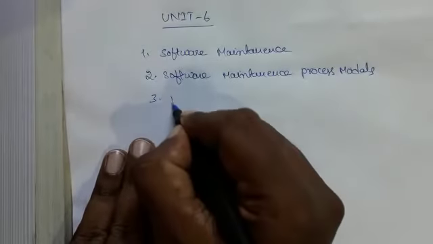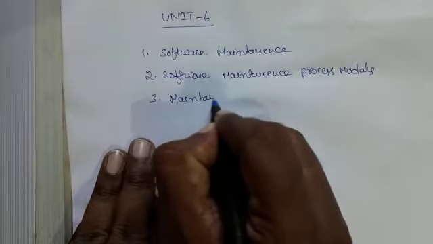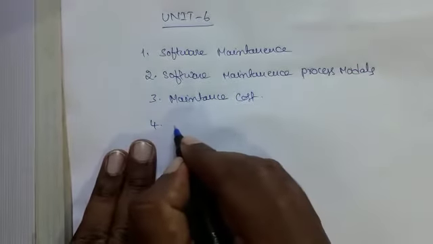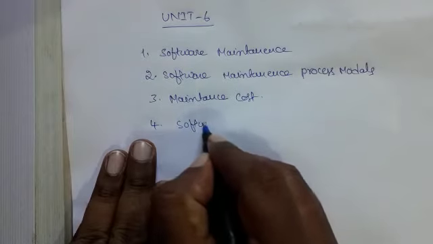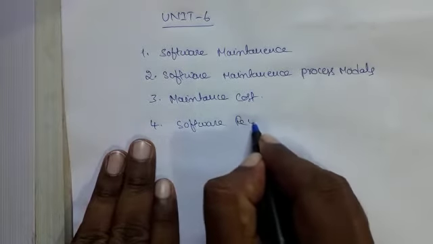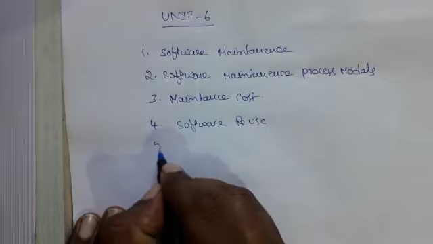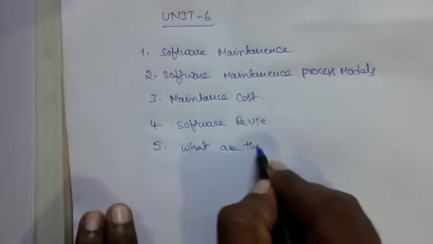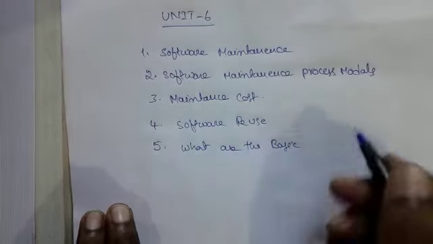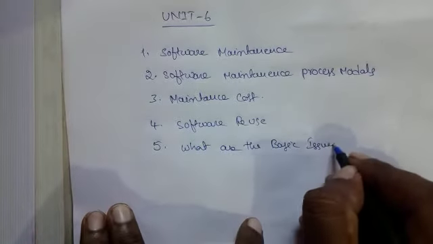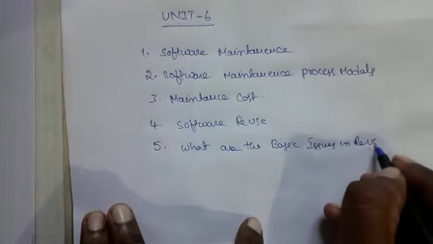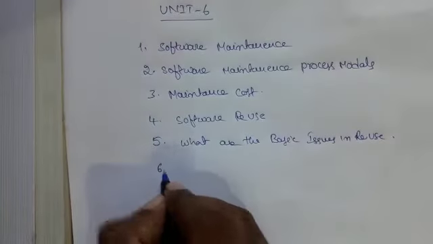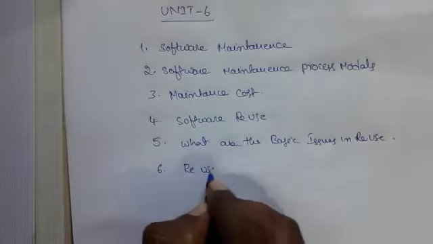Third one is maintenance cost. Fourth one is software reuse. Fifth one is what are the basic issues in reuse. And sixth one is reuse at organization level.